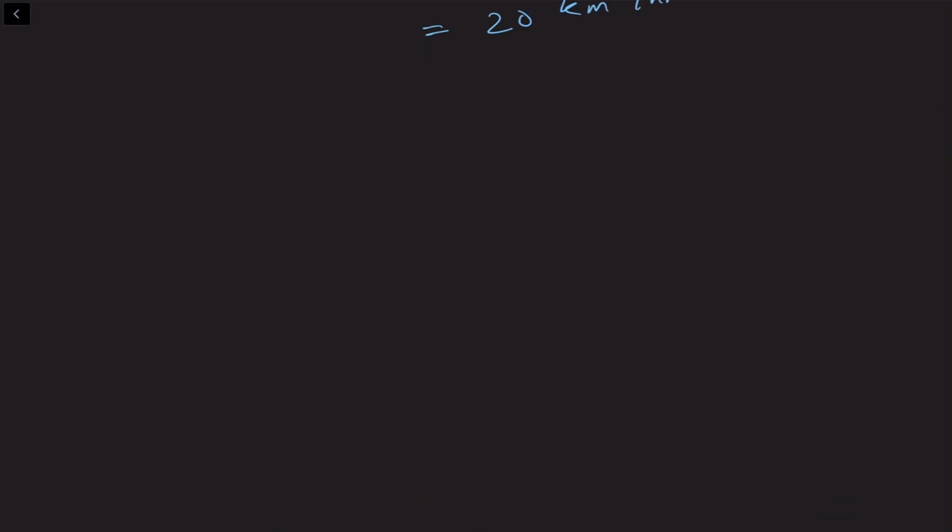Now let's discuss accelerations. For the first observer, we're interested in this quantity. And for the second observer, we're interested in the quantity d squared x prime by dt squared.